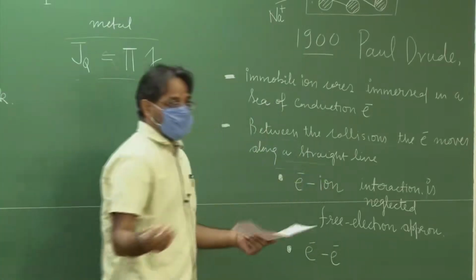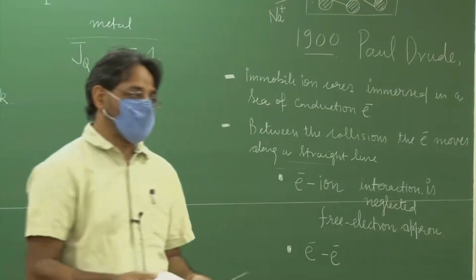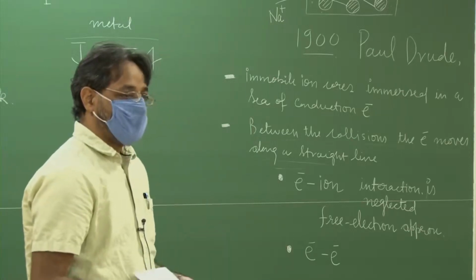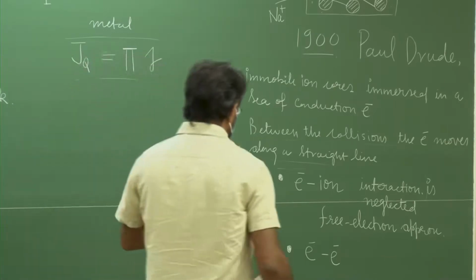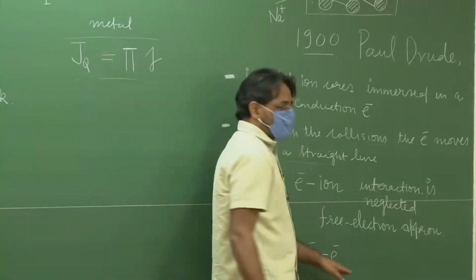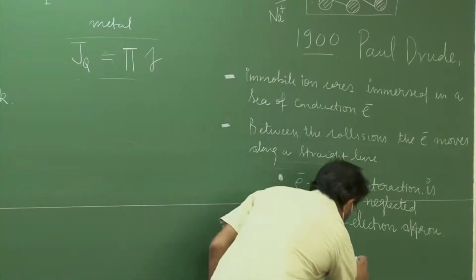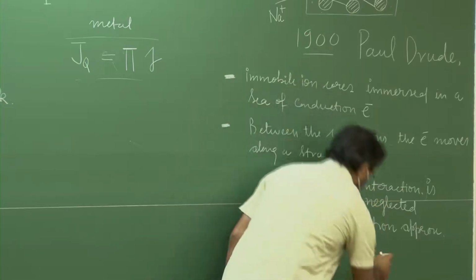The electrons should repel each other, and there's a high density of electrons in the metal, right? About 10 to the power 23 electrons in a centimeter cube. But he just simply assumed that the electrons do not see the other electrons. Electron-electron interaction is neglected, and this is known as the independent electron approximation.